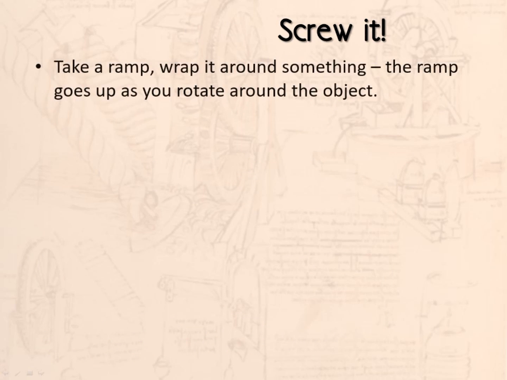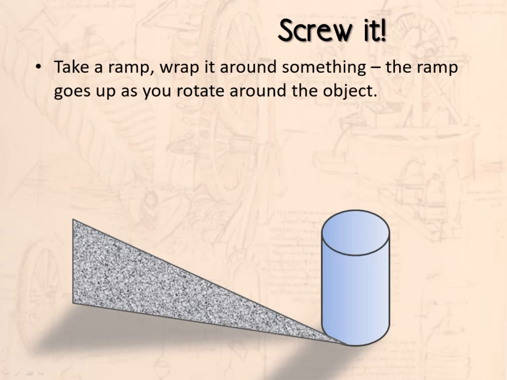So the next machine on our list is a screw, which is basically a ramp wrapped around something. If you want to push something up a circular object, you go around the outside, you're going to need a circular ramp. You might also be able to see in the background here, there is a water screw, which is something you can turn to lift water up a cylindrical twisted pipe.